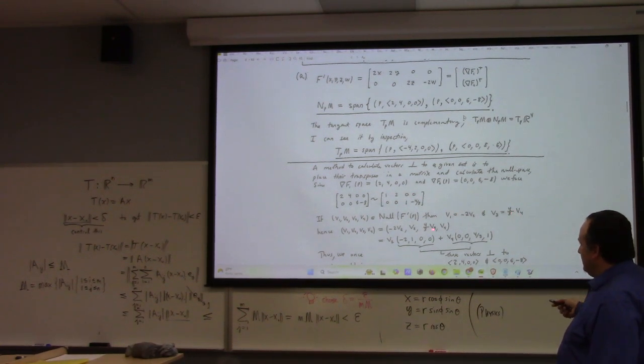When I plug those equations back in here, I get this vector and that vector as perpendicular to those two. See how that works? This dot that is 0, this dot that is 0, this dot that is 0, this dot that is also 0.